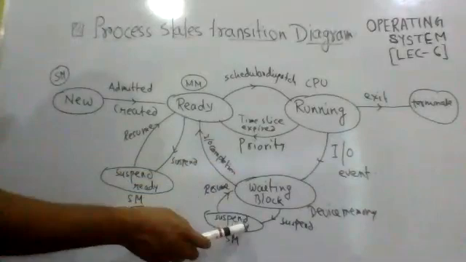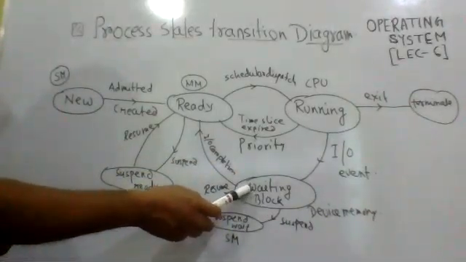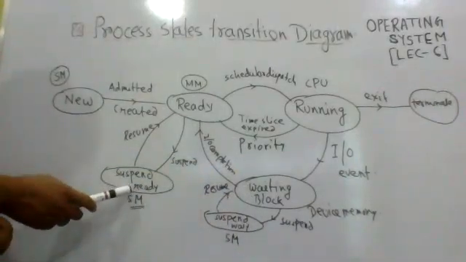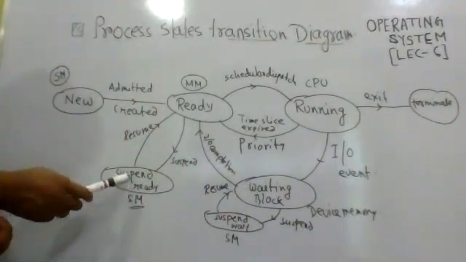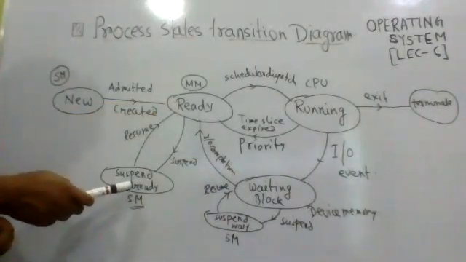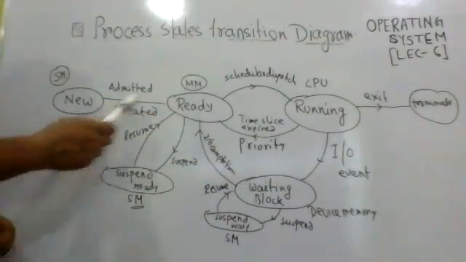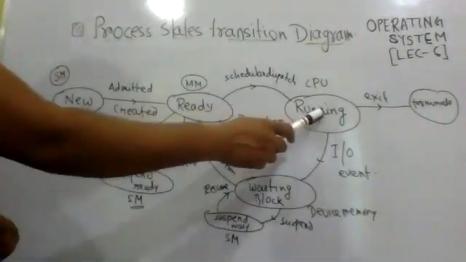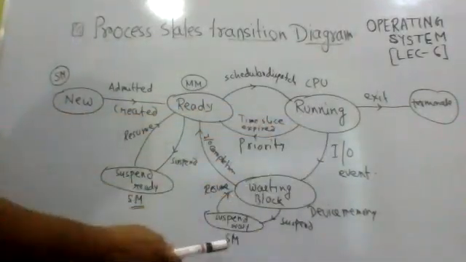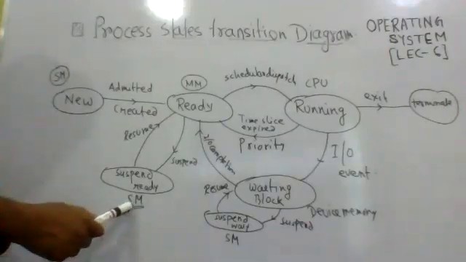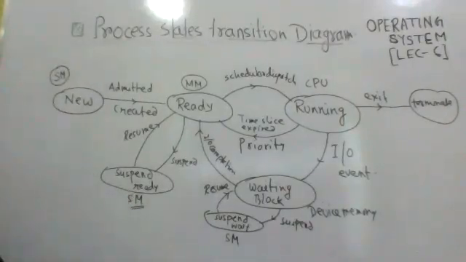That's why it is called suspend wait, suspended from the waiting state. And this is called suspend ready, because it is suspended from the ready state. This is secondary memory, this is main memory, this is CPU, this is device memory, and this is also a secondary memory concept. So this is the process states transition diagram and different events.